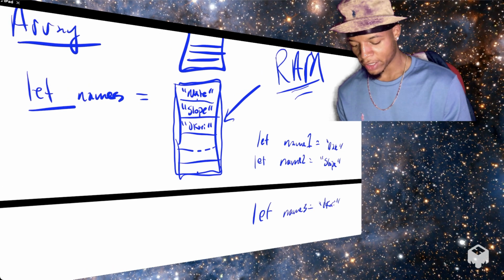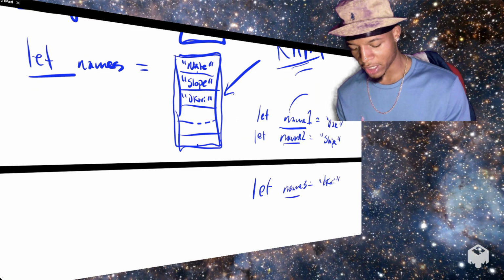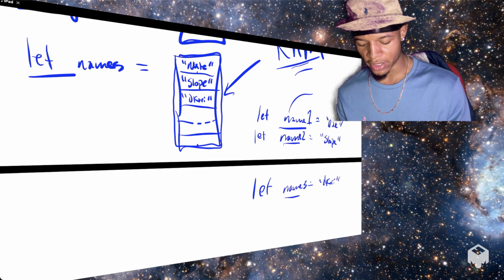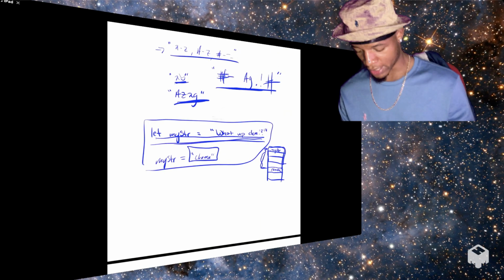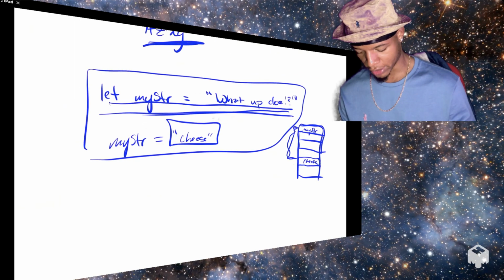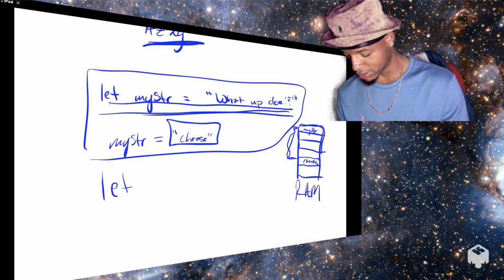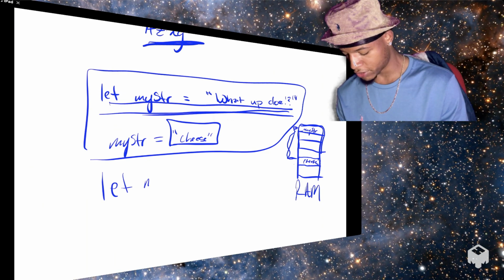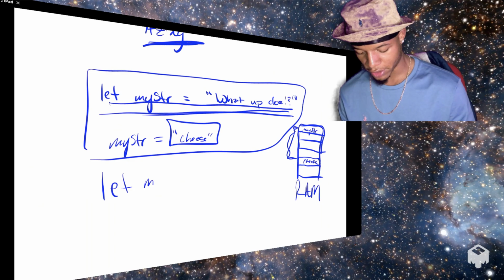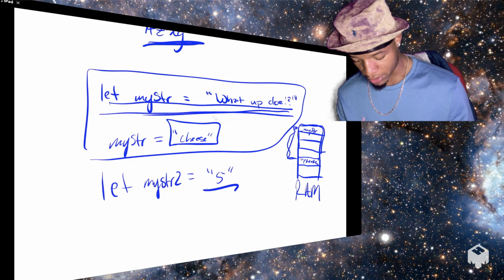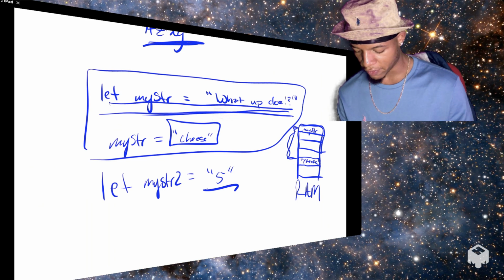And so when we say let, the CPU doesn't just store the data into the next available open slot. If this is our RAM right here, and I say let my string 2 equal 5 in quotes, so this is a string, the program wouldn't just naturally put 5 here.